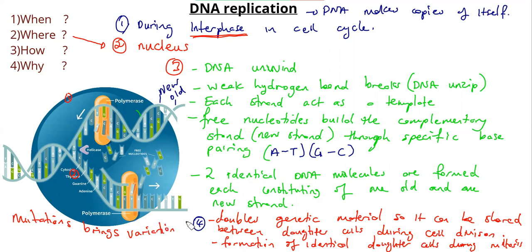During the process of DNA replication, some mistakes happen in the copying of your DNA, and what happens is that it will bring variation. That's why we look slightly different. We have certain characteristics that we carry on ourselves that actually identify us. And that's what we call mutations. Some mutations are beneficial, and some mutations are also harmful.